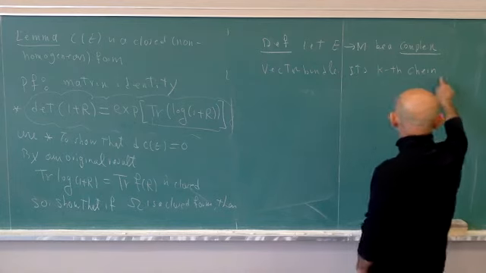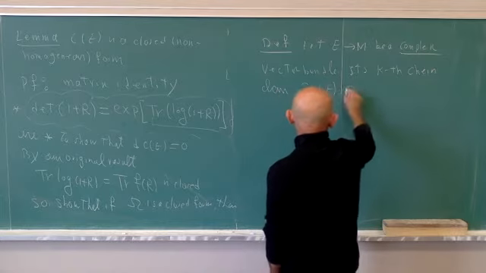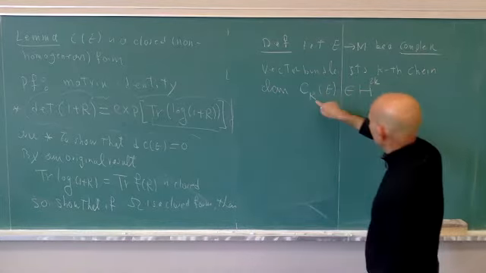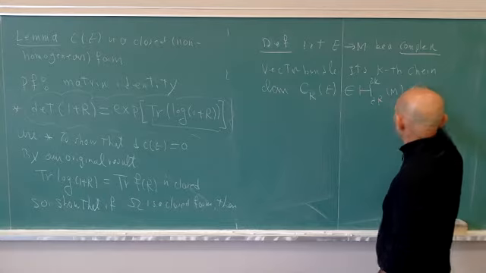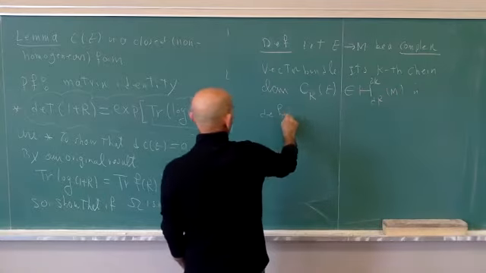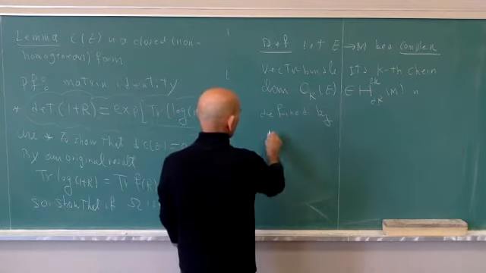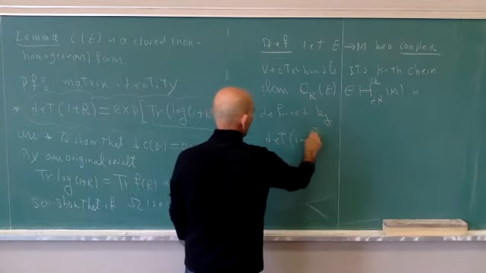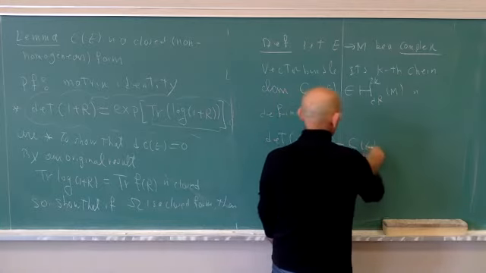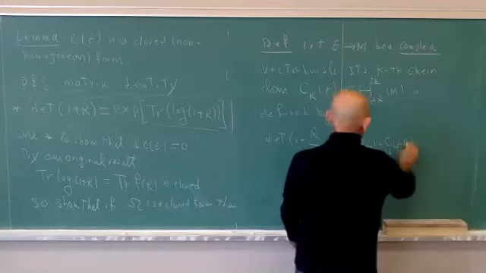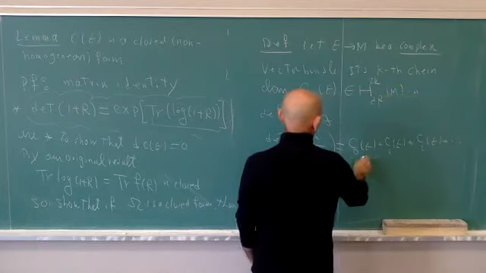Its Chern class, c_k of E, belonging to H^(2k) of M, the de Rham cohomology of M, is defined by basically the equation that I wrote: determinant of 1 minus R over 2 pi i equals c_0 of E plus c_1 of E plus c_2 of E, and so on. But c_0 of E is already 1, we know that.